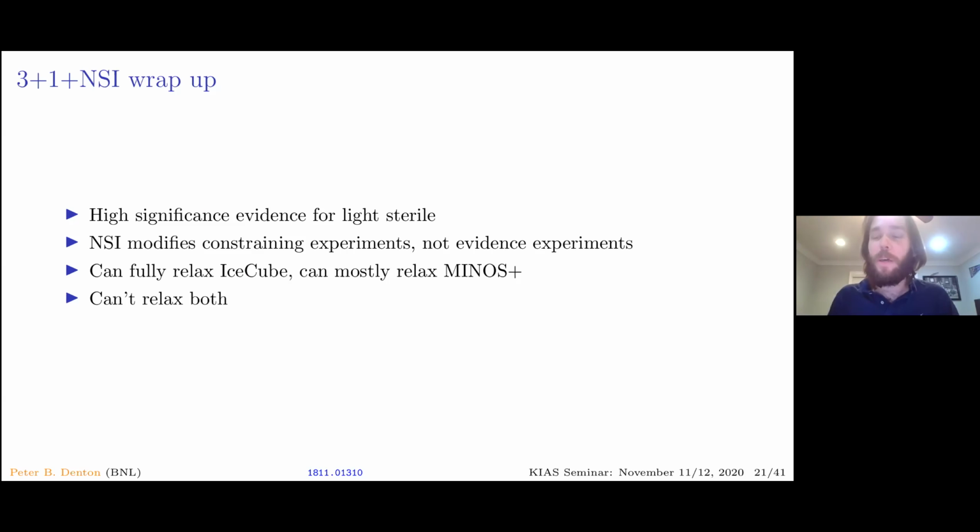It just can't do them at the same time. I think that's a very interesting statement, that the constraints leverage the matter effect in their own ways, and that is not the reason why there are some constraints and some hints for sterile neutrino. So this is the halfway point. I guess I'm pretty much on time.